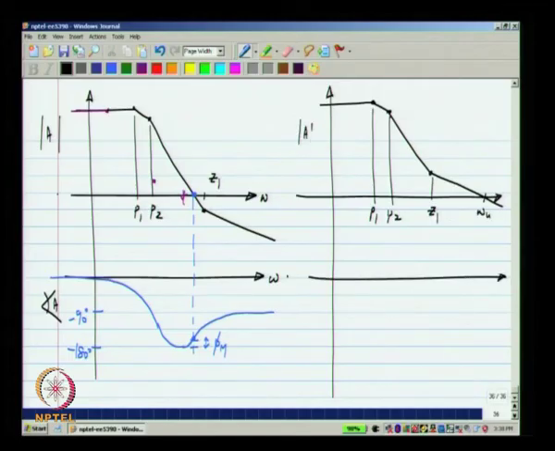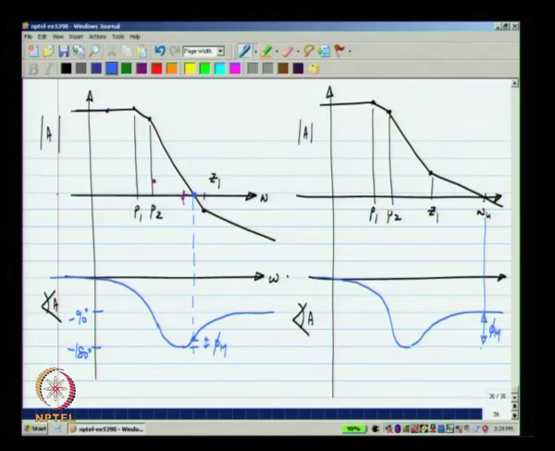This is the gain magnitude, this is the angle, and in this case the angle again goes almost to minus 180 degrees in this region. But it comes back to something close to minus 90 degrees by the time the gain drops down to 0 dB. So, in this case the phase margin is quite large.